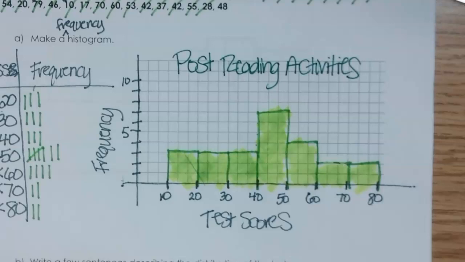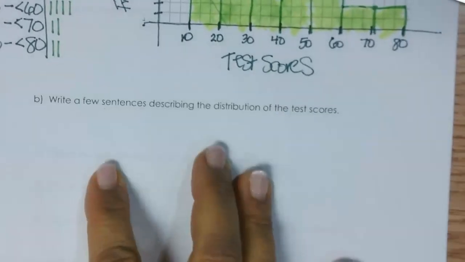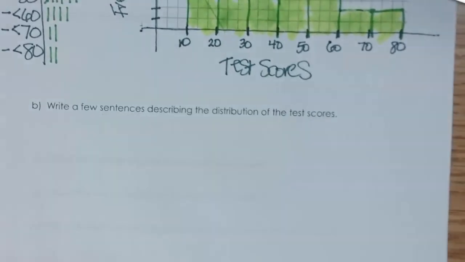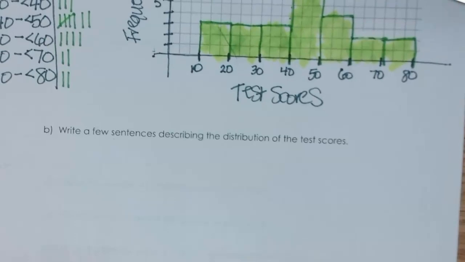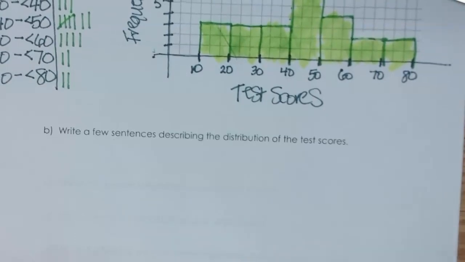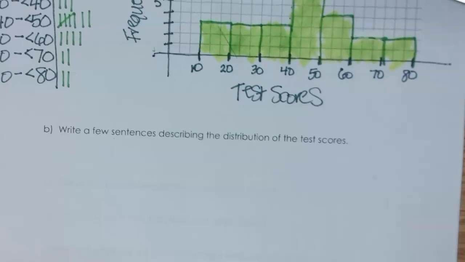And now that we have this histogram, which we did in topic 1, we're going to write a few sentences describing the distribution of the test scores, which we learned about how to do in topic 3. Remember, when we talk about describing the distribution, we always want to talk about our shape, outliers, center, and spread.